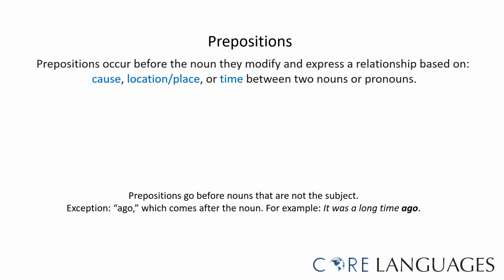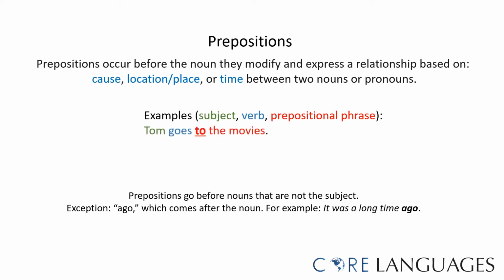When used in a sentence, prepositions build prepositional phrases. For example, Tom goes to the movies. To the movies in this example is the prepositional phrase. It shows the relationship between Tom and the movies. They read about quantum physics.